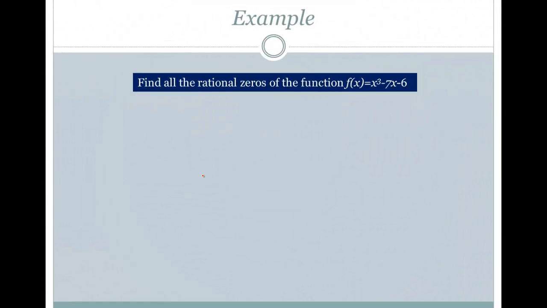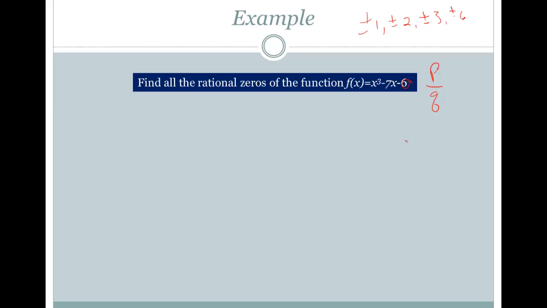So let's do that now. Find all the rational zeros of the function. If I'm looking at p over q here, p is going to be the factors of 6. The factors of 6 we know are plus or minus 1, plus or minus 2, plus or minus 3, and plus or minus 6.